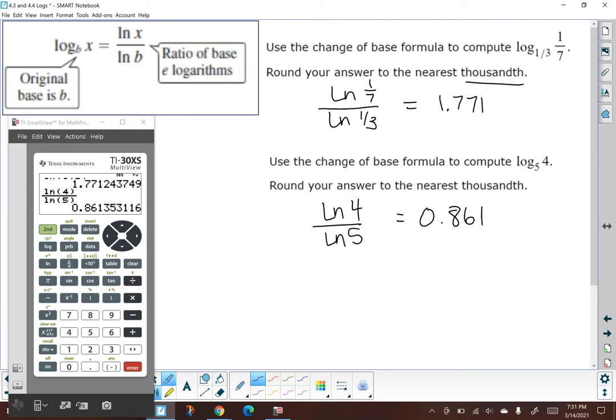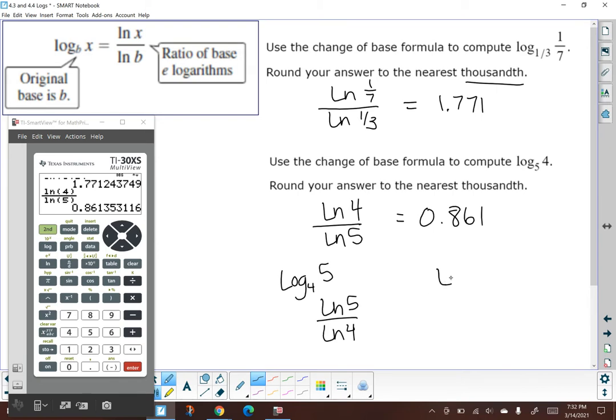You can get a negative answer here if you did log base 4 of 5, if I just switched those two numbers, that would be the natural log of 5 over the natural log of 4. Sorry, this is totally not going to give me a negative answer.